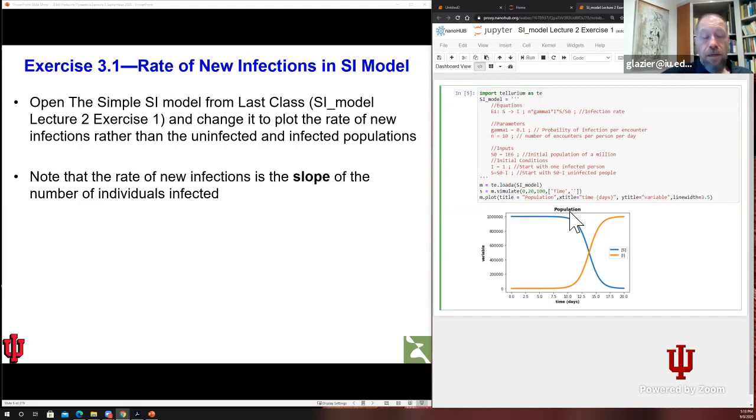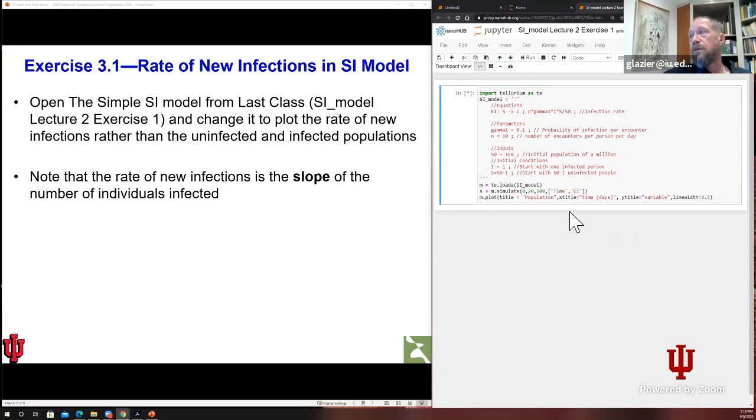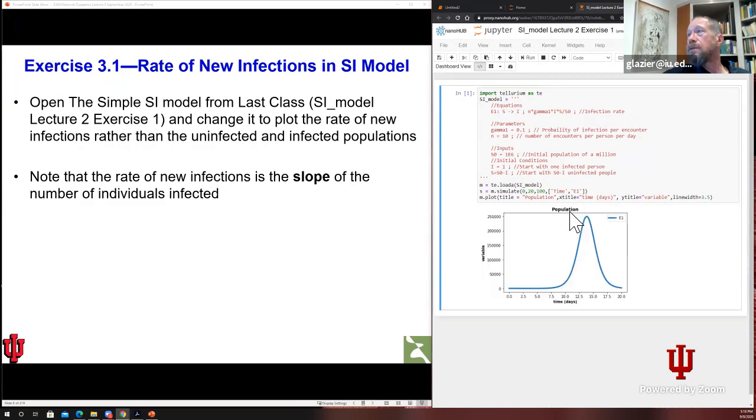In this case, the variable I want to plot is E1, like that. And I hit control, run, and there we go. That gives me basically the derivative of I. Not just basically, it is a derivative.